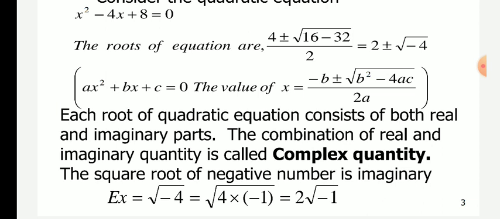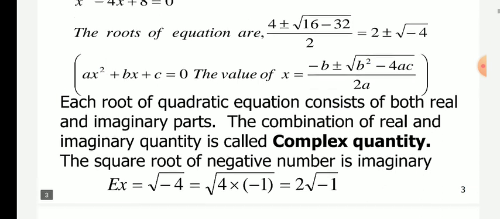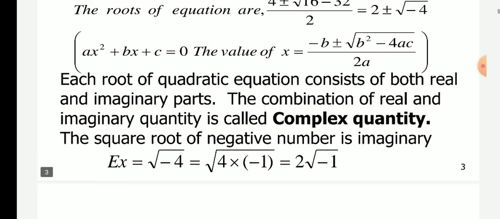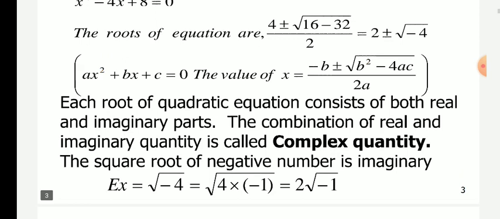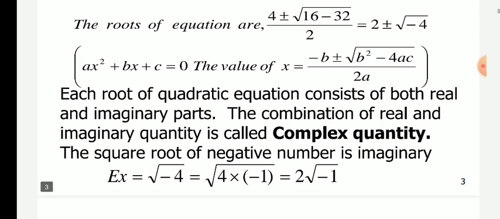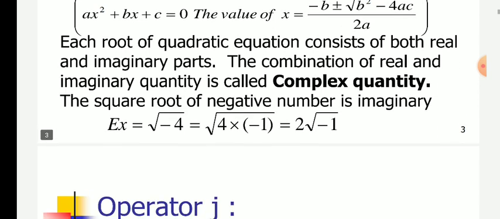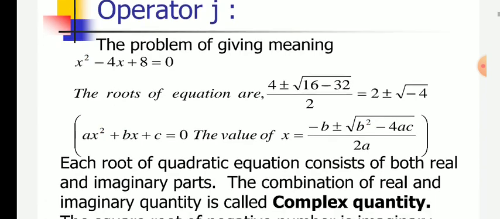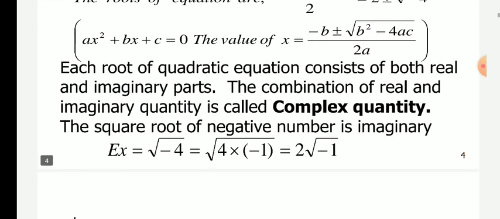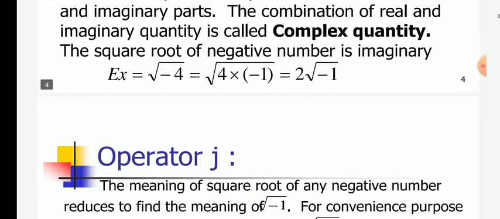The combination of real and imaginary quantity is called a complex quantity. The square root of minus 4 can be written as square root of 4 into minus 1, that is 2 into square root of minus 1, and square root of minus 1 is represented by j.